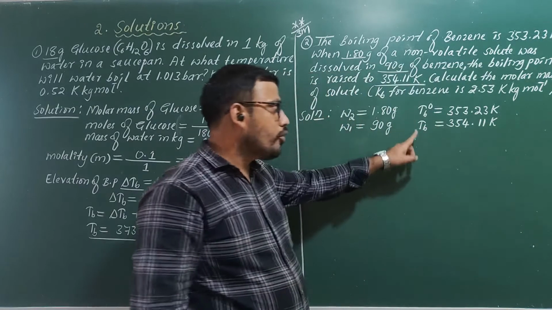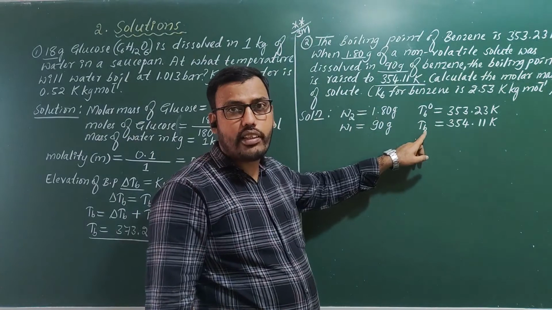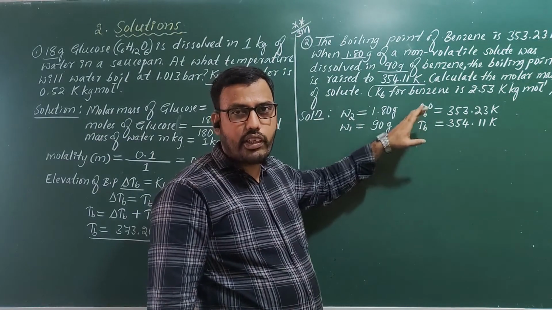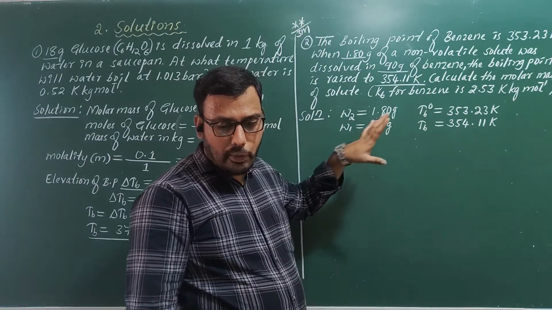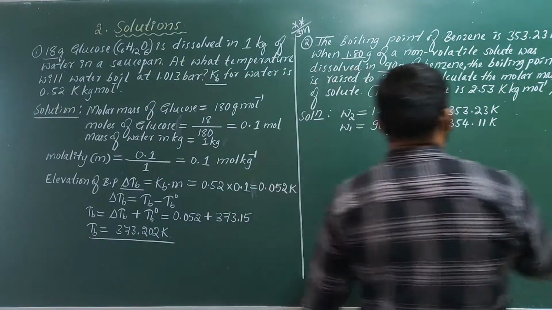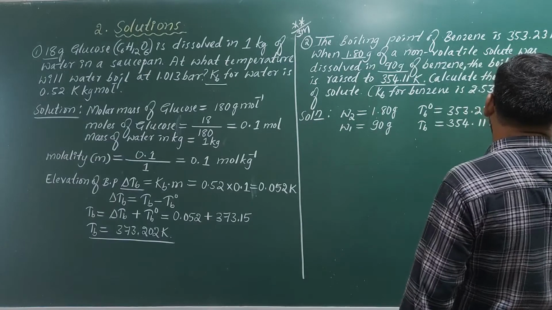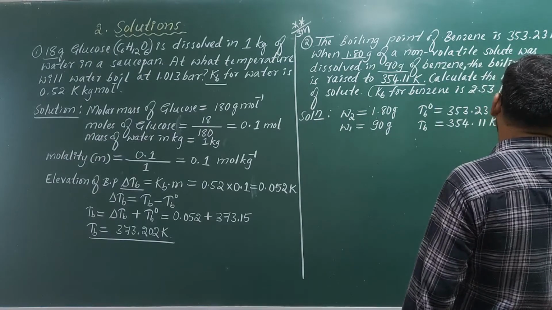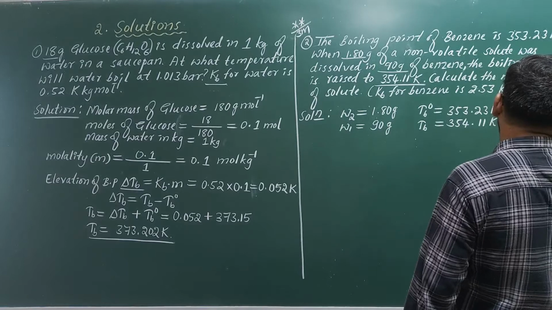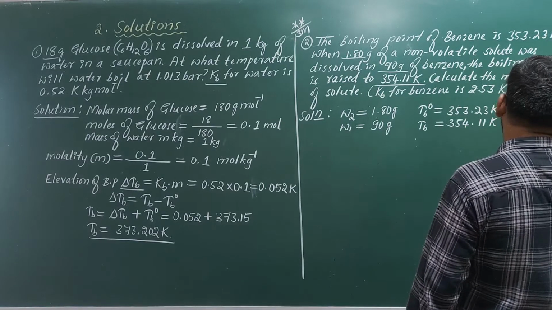By using these two values you have to calculate delta TB, because we need it for substitution. Next, the KB value is given. KB for benzene is 2.53 Kelvin kg per mole. It is given.